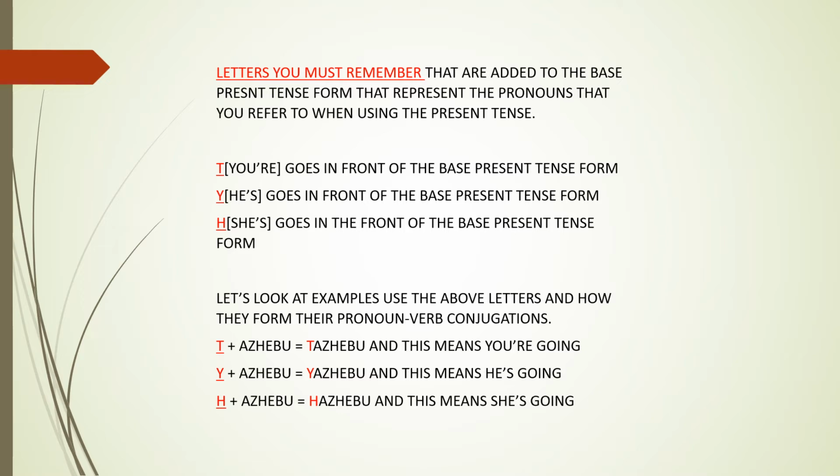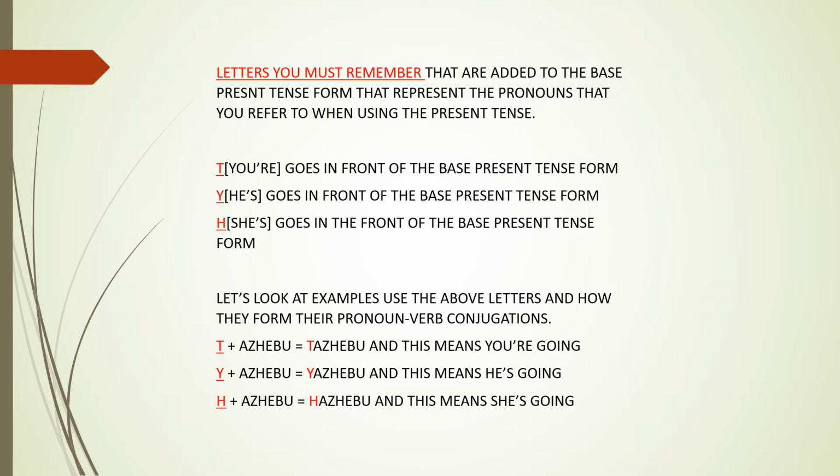Say it again and point to the letters as you say it. A, vowel. Z, consonant. H, consonant. E, vowel. B, consonant. U, vowel. Vowel, consonant, consonant, vowel, consonant, vowel.